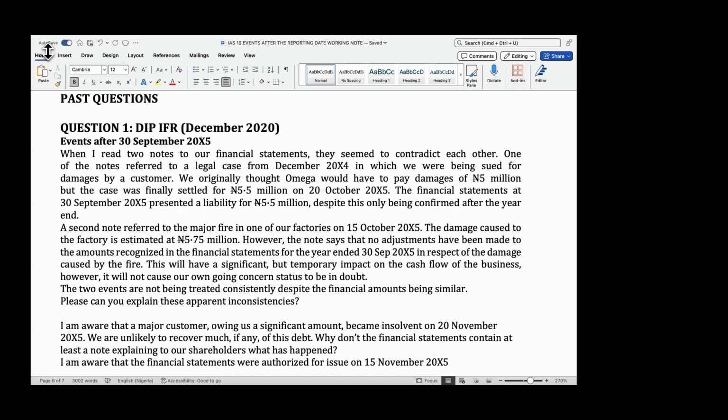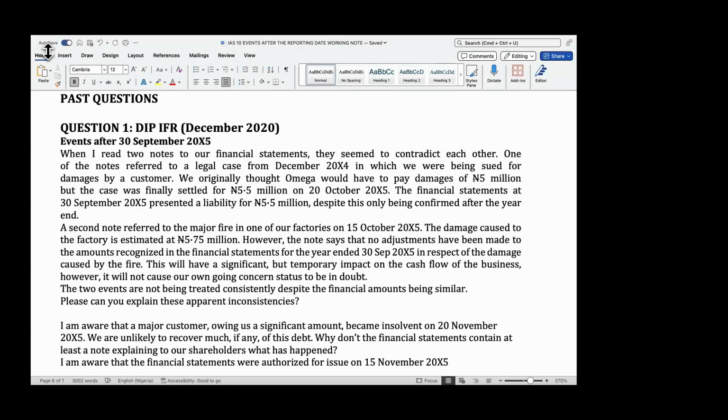The financial statements at 30th September 2005 presented a liability of 5.5 million, despite this only being confirmed after the year end. The second note refers to the major fire in one of our factories on 15th of October 2005.